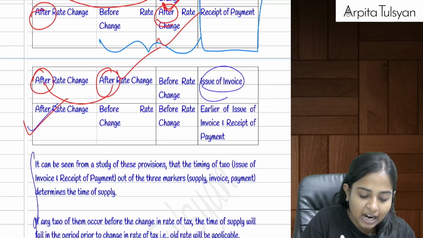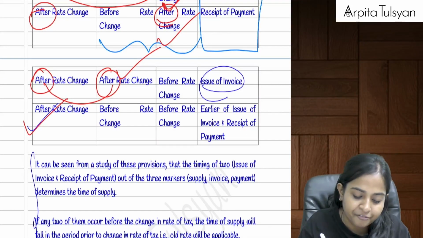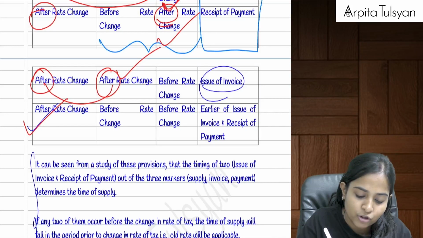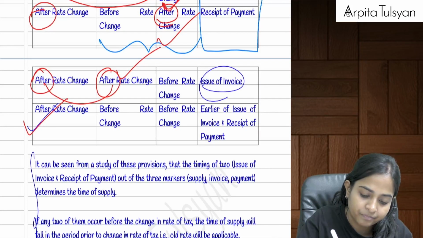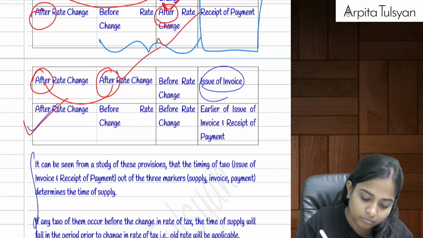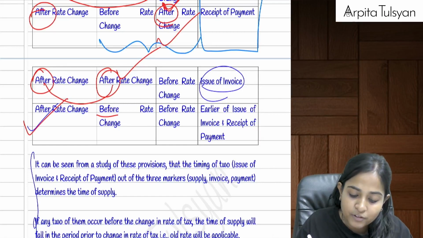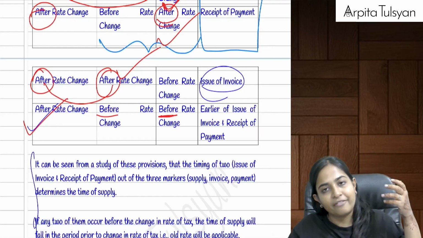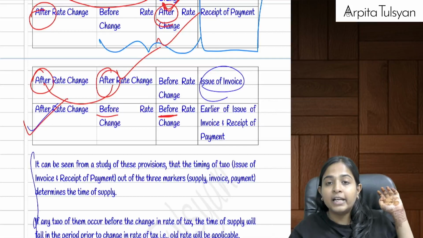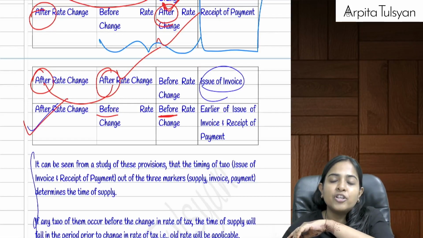Then supply has happened after, but invoice was issued before. Payment was also before, meaning everything they have done before the rate change only, but the supply happened actually later on.